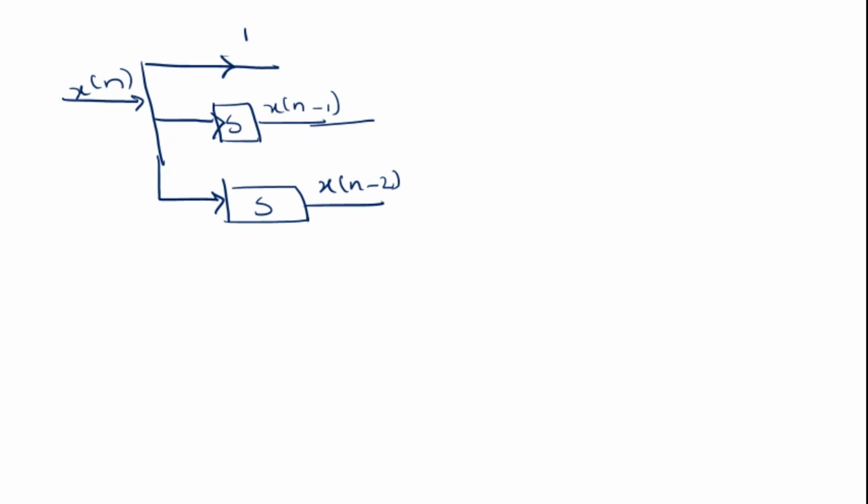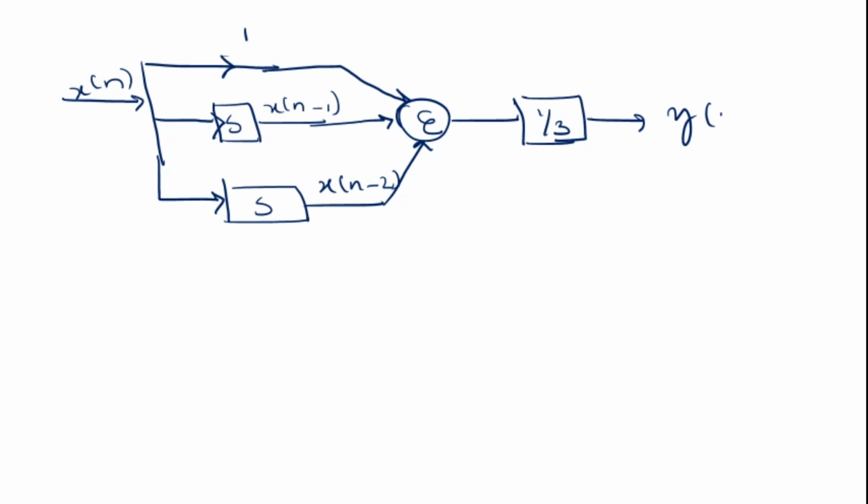Then we have to combine all the three. We have to add it. We have to write the summation symbol that should be multiplied by the multiplier 1 by 3, which will give the output y of n. This is parallel form representation.